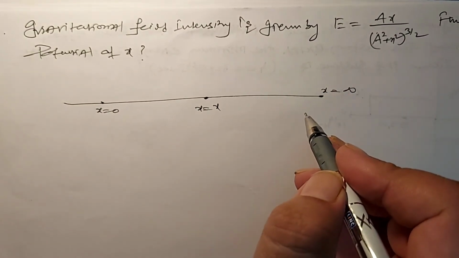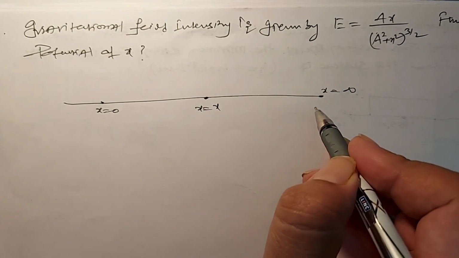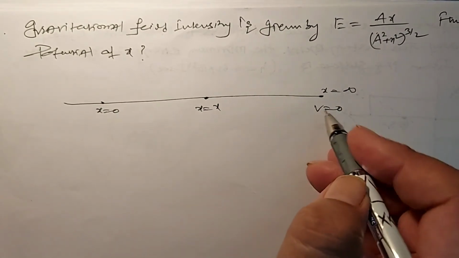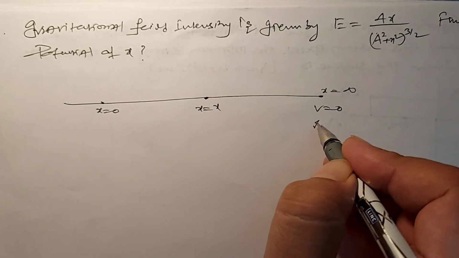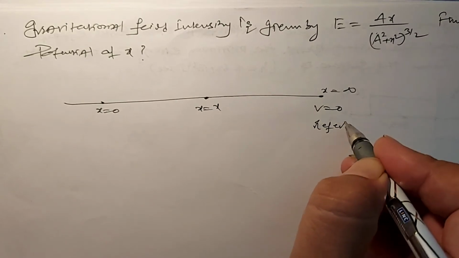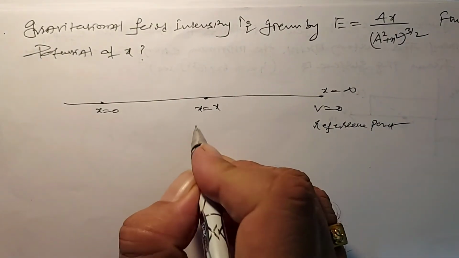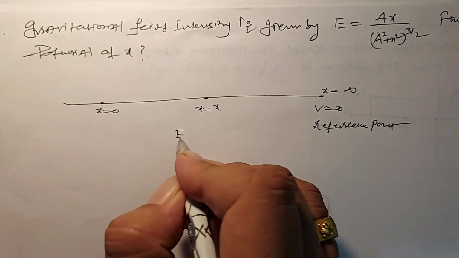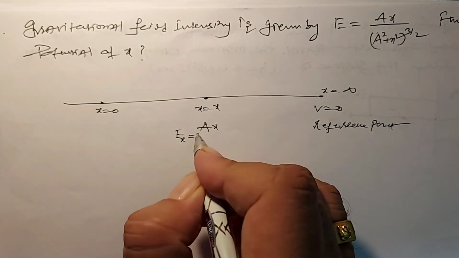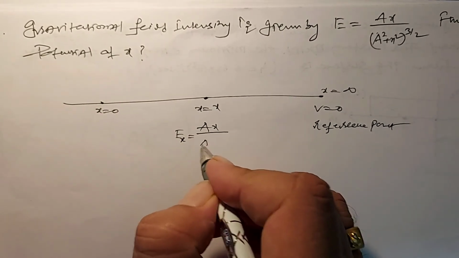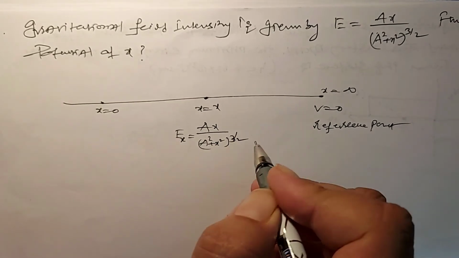We know that at infinite distance the potential is 0. This zero potential point we take as the reference point. At x is equal to x, Ex is equal to a into x by (a square plus x square) whole power 3 by 2.